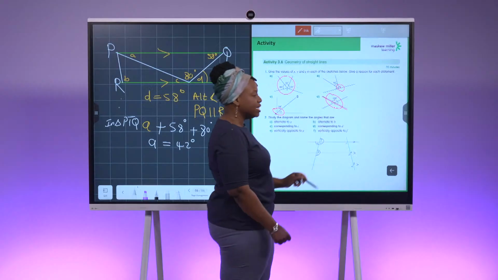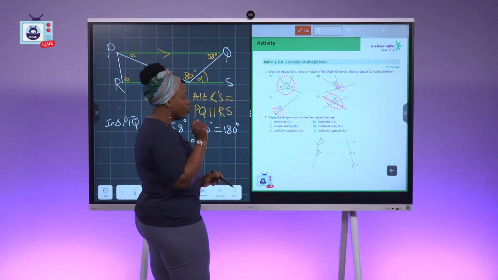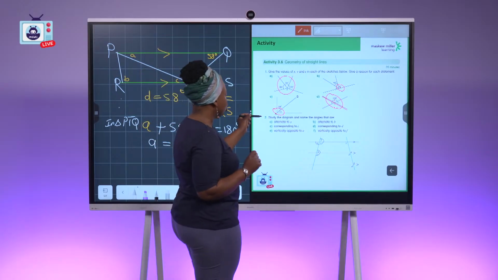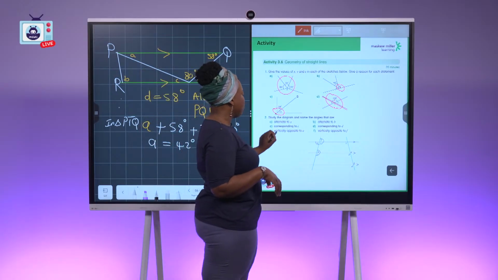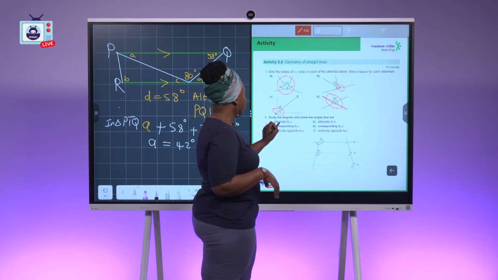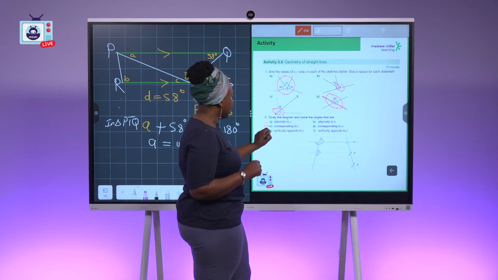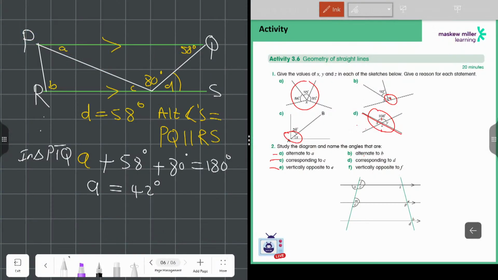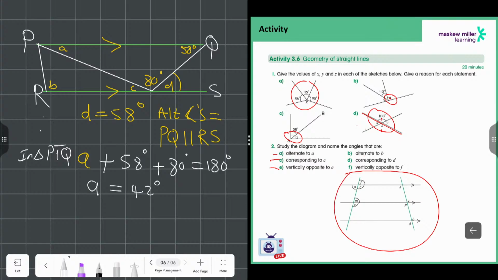So it embraces practically three things that we have already covered. While number two embraces all types of angles that we have dealt with: alternating angles, corresponding angles, vertically opposite angles. And that's how you're going to use this given diagram to respond to those particular questions.